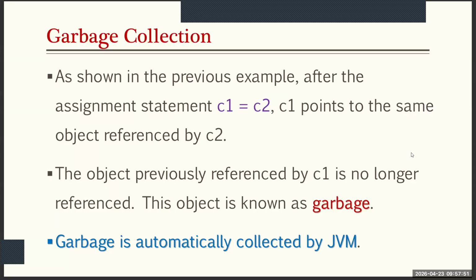This type of object is called garbage. Now C1 and C2 are referencing only the object with radius 9. What happens to the garbage? The Java runtime automatically collects this garbage.